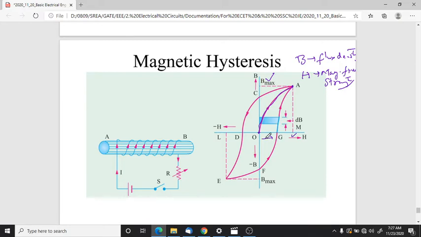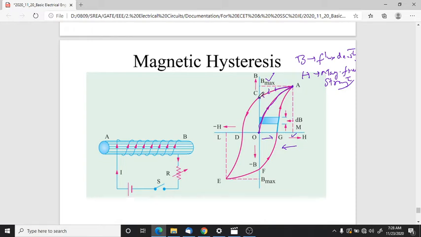Now after reaching the maximum point, if you start decreasing the magnetic field force, what will happen? The flux density also starts decreasing, but it does not decrease to 0 as per its original point. It decreases up to a certain point only.